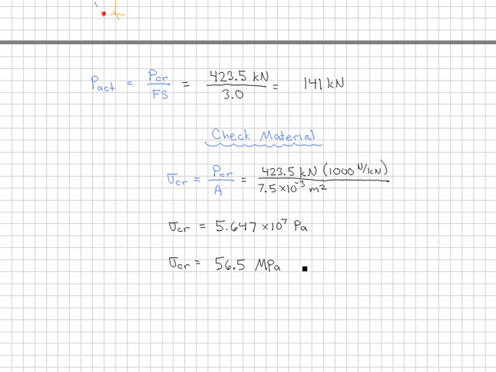We want to compare this to the yield stress of our material, and that is given as 215 megapascals. And since we are less than the yield stress, we can conclude that we will not have a material failure. Now I'll just summarize our final answer. The max load P that we can apply to this column with a factor of safety of 3.0 is 141 kilonewtons.